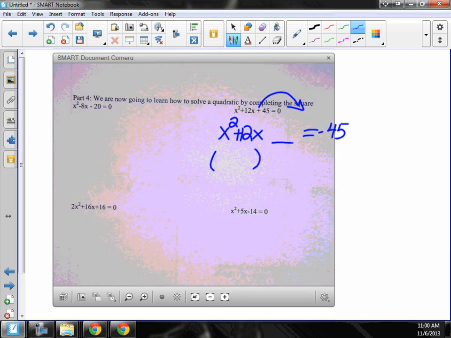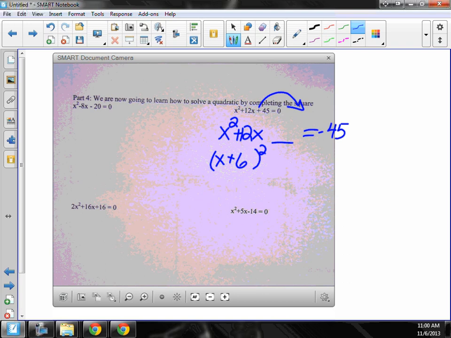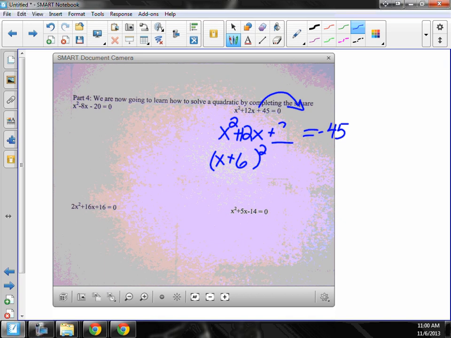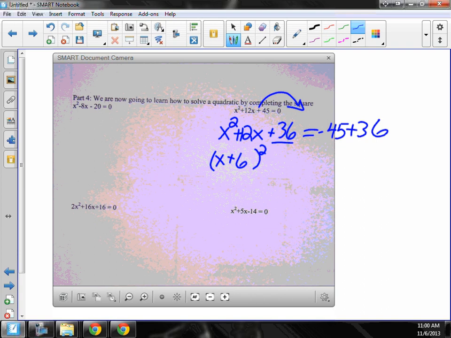What is my factor? x plus 6. Good. Squared. What is my perfect square? 36. So now I have x plus 6 to the second equals -9.